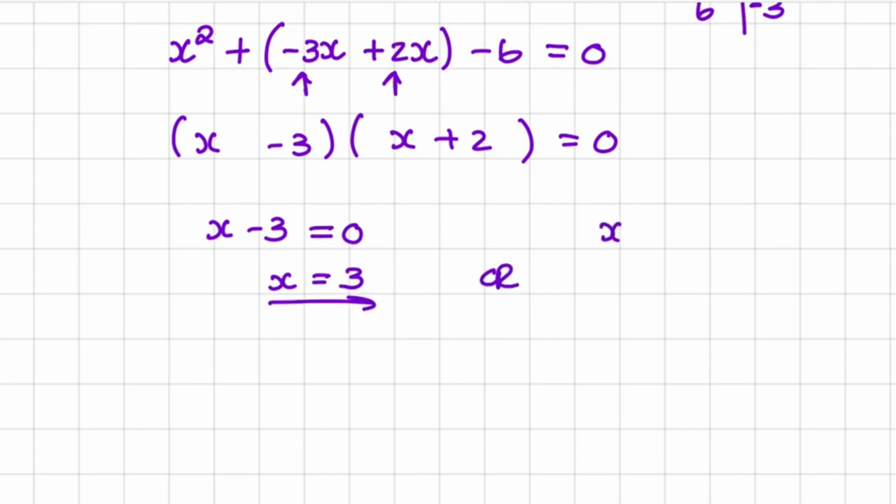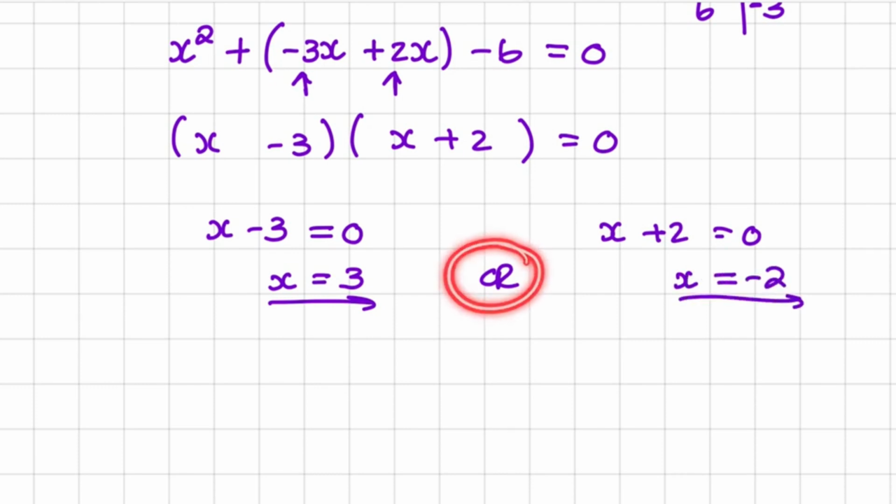Or I can make the second bracket also equal to 0. So x plus 2 must be equal to 0, therefore x is negative 2. Notice that I'm using or, because if I make x 3 or if I make x negative 2, the left-hand side will become equal to the right-hand side.